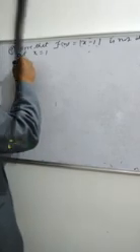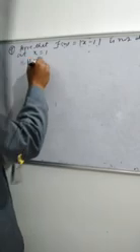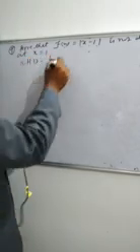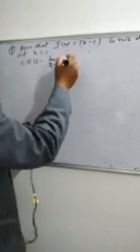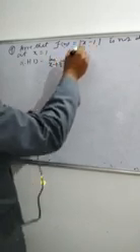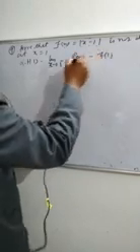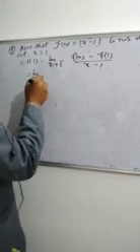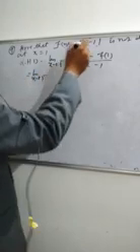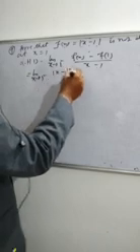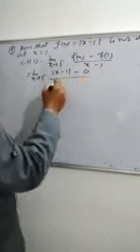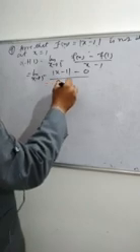So what is the LHD value? For LHD it will be limit x tends to, at which point? 1 minus. We will write here f of x minus f of 1 by x minus 1. In the case of this function, f of x is modulus x minus 1, minus f of 1, which is 1 minus 1, it will be 0, by x minus 1.